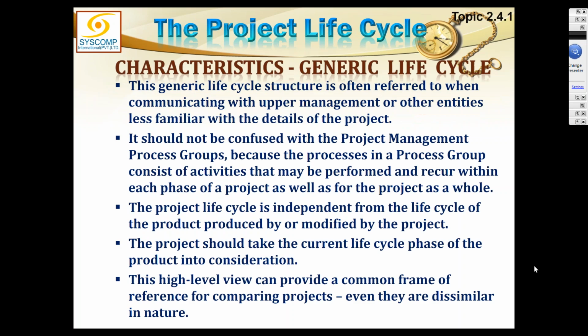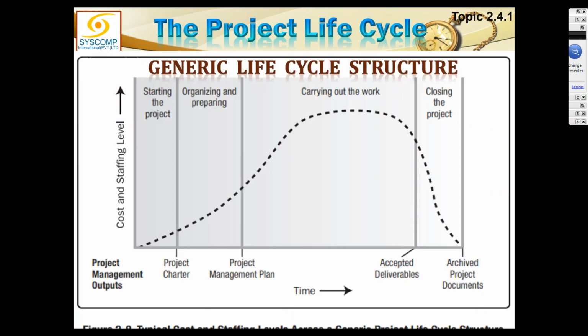Such a life cycle, a generic life cycle I would call it. In a generic life cycle, if I draw it on a scale of time on the x-axis and cost and staffing level on the y-axis, over the period of the project life cycle, the money spent in the beginning phases would be spent slowly.